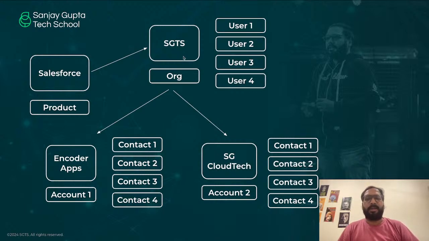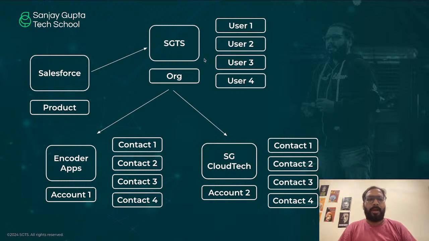Let's say I am running a tech school. My tech school wants to manage all the sales, service, and marketing, so for that I'm using different clouds of Salesforce. SGTS is using Salesforce as a product developed by Salesforce, and the employees who are working in my organization will be using that Salesforce org through user records.